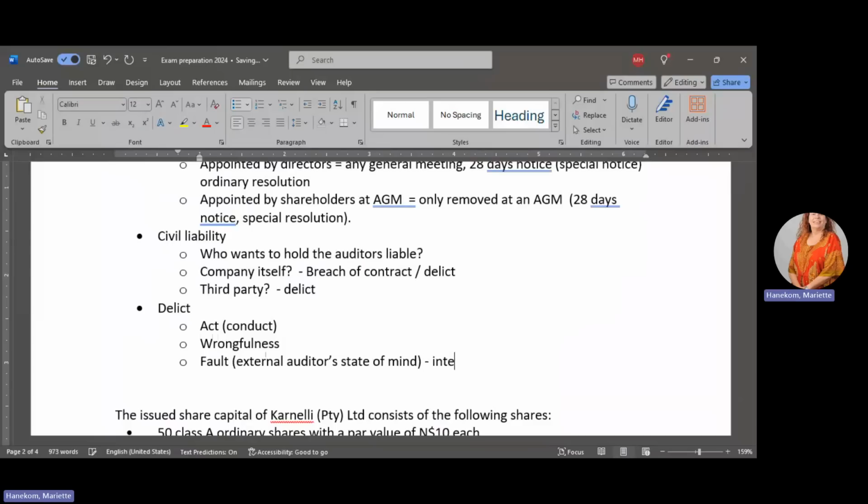Was this intentional? Was he negligent? Fault is a legal term. Don't tell me he made a fault. He was negligent, the element of fault has been met.